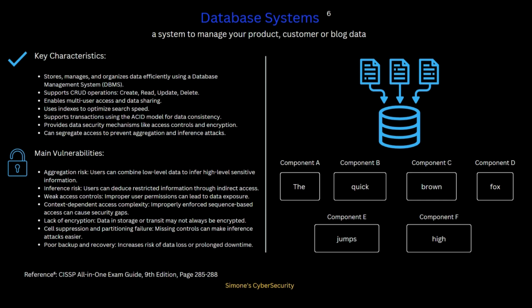Aggregation risk means that even if individual pieces of data look harmless, when you combine them, you can learn something sensitive about them. And now with AI, this is becoming more common. This risk has increased because with AI, you can combine individual pieces of data and then learn something sensitive about the data.